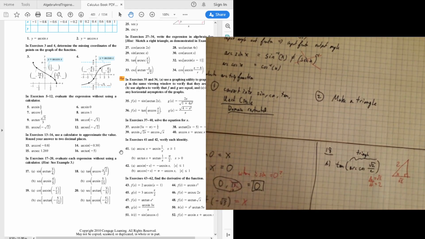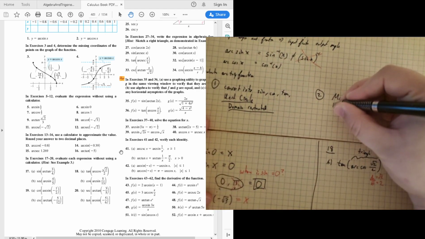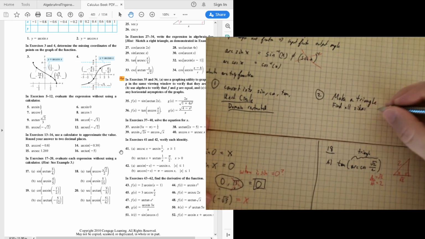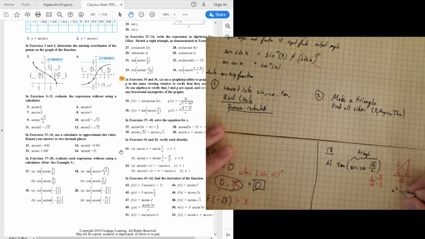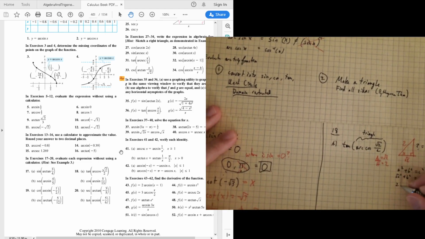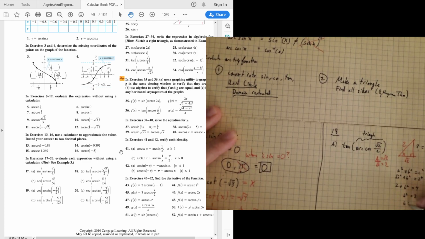Now, if you're going to make a triangle, the second thing you need to do is find all the sides. This trick uses Pythagorean's theorem. In other words, a squared plus b squared equals c squared, where c is the hypotenuse, and this allows me to figure out this missing side. So I can do square root of 2 squared plus b squared equals 2 squared, or 2 plus b squared equals 4, b squared equals 2, so b equals the square root of 2.